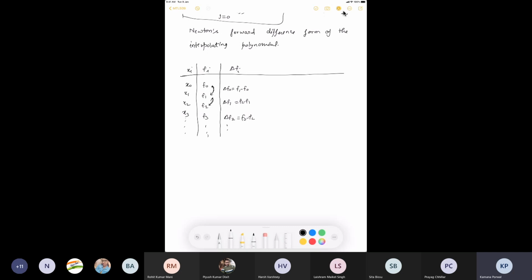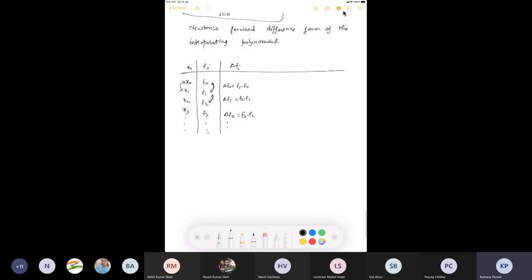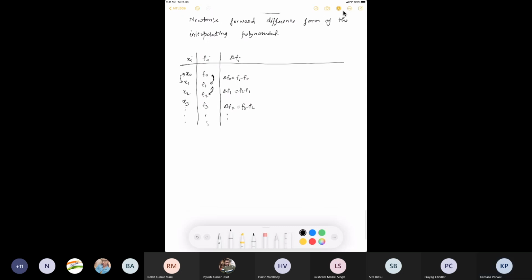Now, if you recall, in the case of the divided difference, we were taking the difference of two consecutive entries and then dividing by the difference of the consecutive nodes to compute the first order difference. Now we are not doing the division part. We are just taking the difference of the two consecutive entries of the vector y. Once you find the first order differences, you can find the second order forward differences by taking the difference of two consecutive entries of the first order forward difference, right?